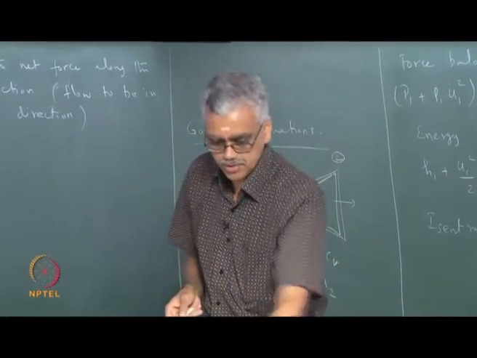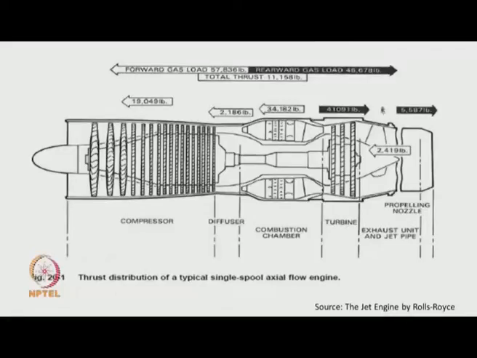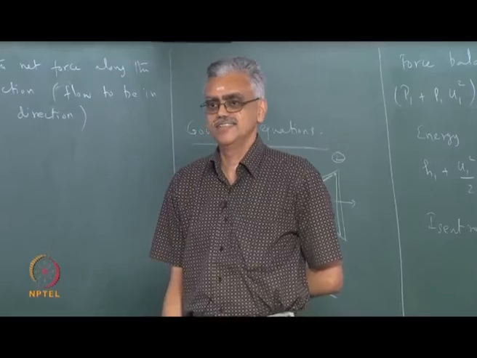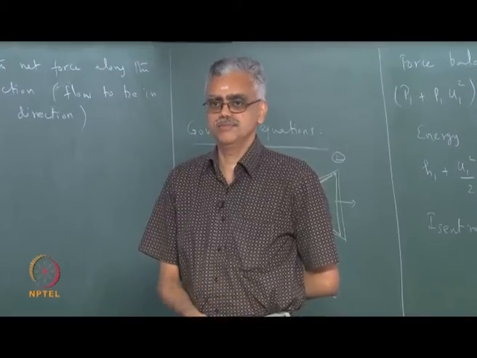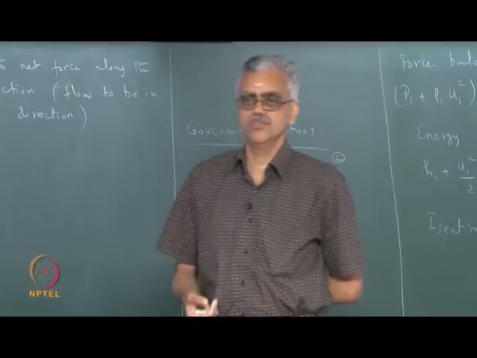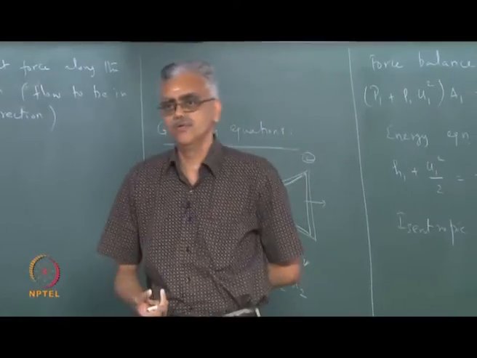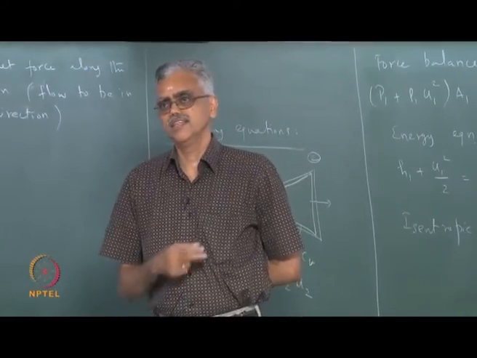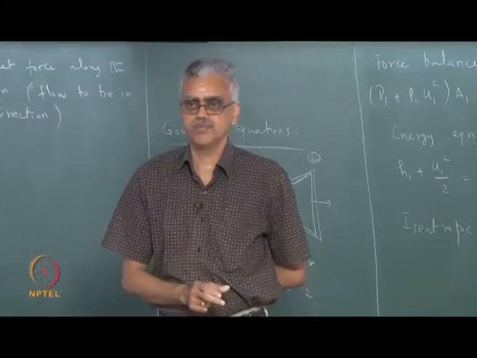Just because these components are producing drag, we cannot do away with them, right? The turbine has to be present to drive the compressor, and the nozzle has to be present to increase the momentum of the fluid, to convert the enthalpy of the fluid into velocity. That is a different perspective.